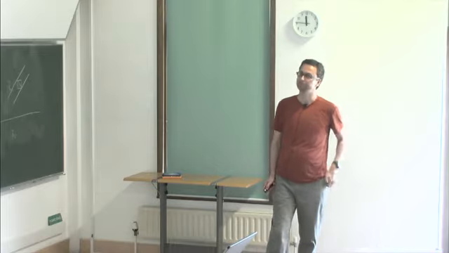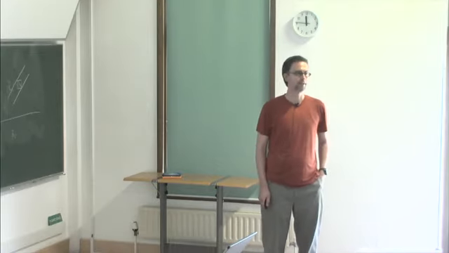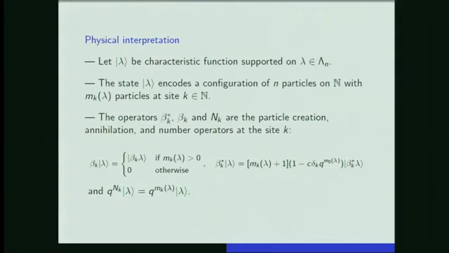This is not really how people normally introduce q-bosons, so I'll provide a link to what people normally do. If we consider the characteristic function supported on lambda, I write it down with this ket here. The usual interpretation of such a state is a configuration of n particles where you have n_k(lambda) particles at site k.